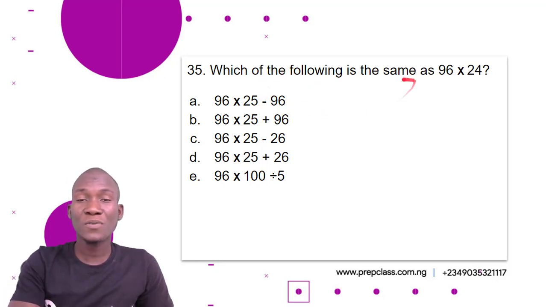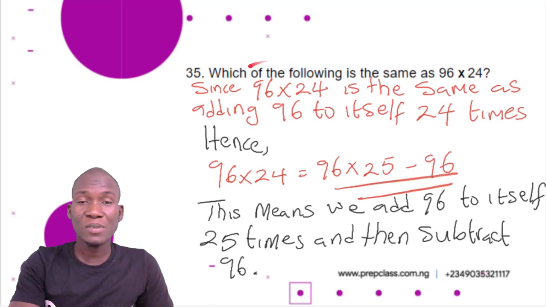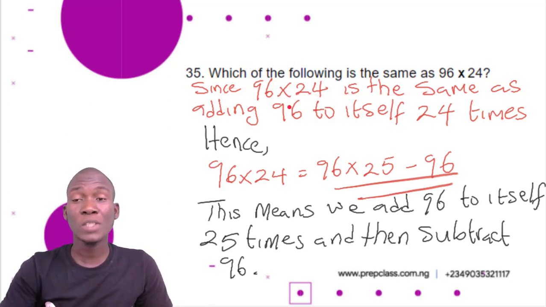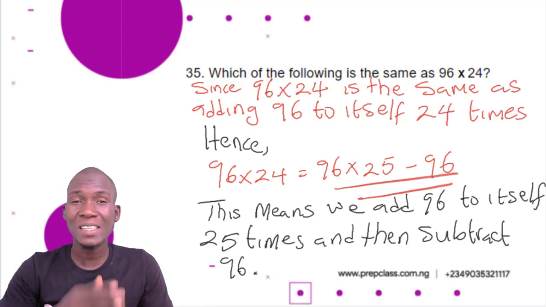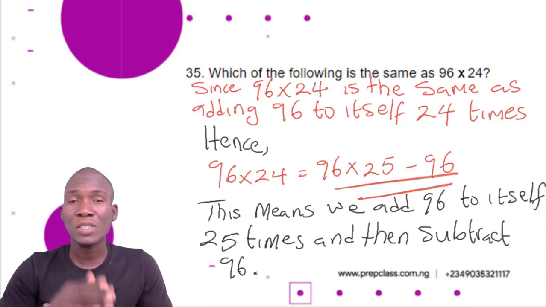Now we have to find which of the options means the same thing as 96 times 24. Since 96 times 24 is the same as adding 96 to itself 24 times, that is 96 plus 96 plus 96 plus 96, 24 times. So 96 multiplied by 25 would be the same as adding 96 to itself 25 times.